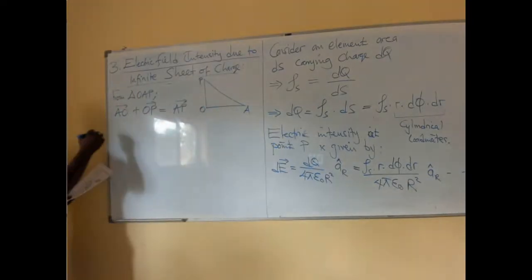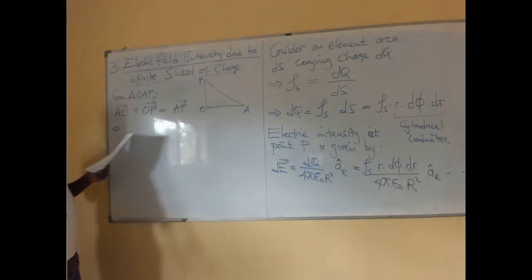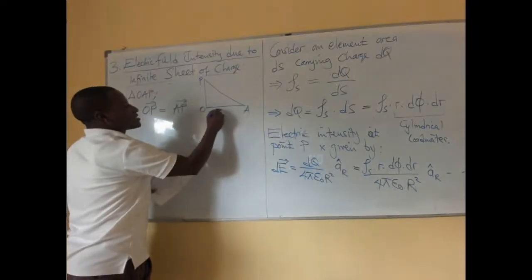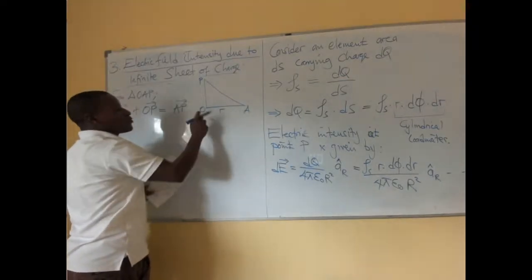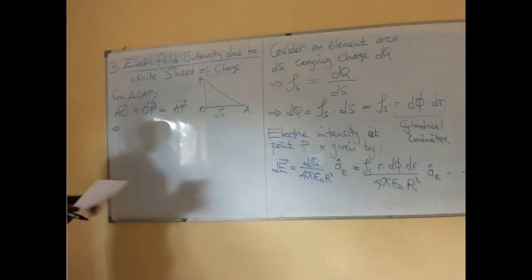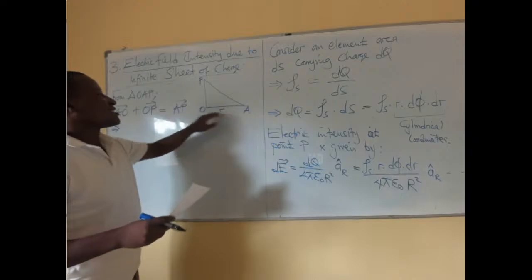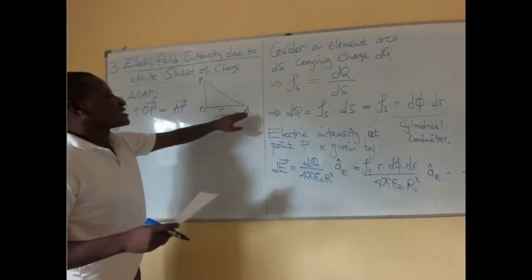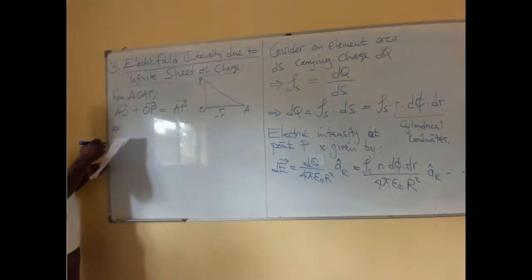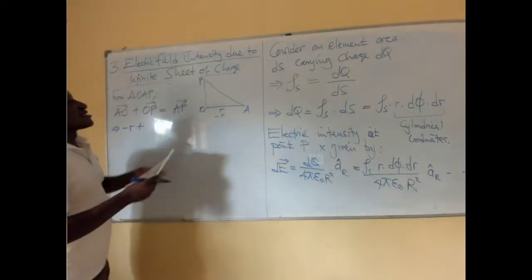The implication here is that, remember very well, OA we say is R. It means that AO must be negative R, because these are vectors, they have both direction and magnitude. So OA is R from our diagram, meaning that AO must be the negative of this. That's why we are writing minus R plus this, of course, is Z.